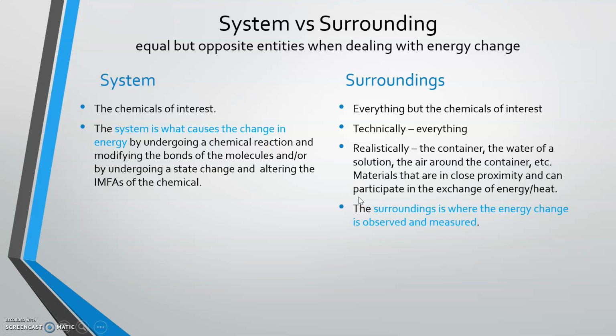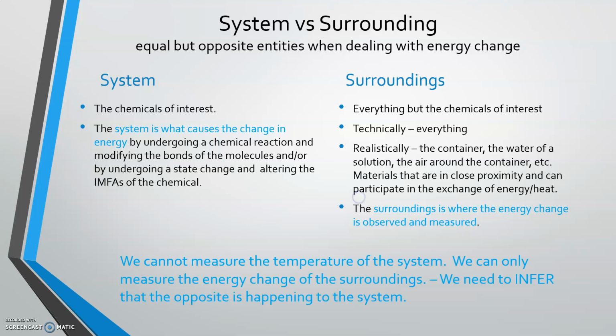And the surroundings, the important thing to remember here is that even though the system causes the interchange, the energy change, it's the surroundings where we see the energy change. We observe the surroundings. We can't observe the system. We can't put a little probe into the molecules and see the energy of that system. We can only measure the energy change of the surroundings.